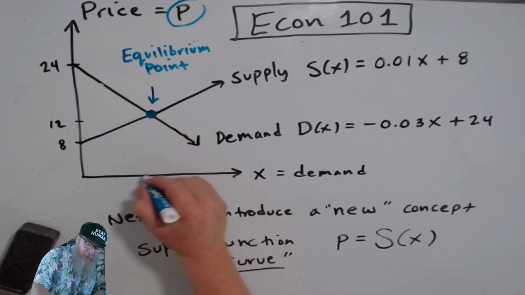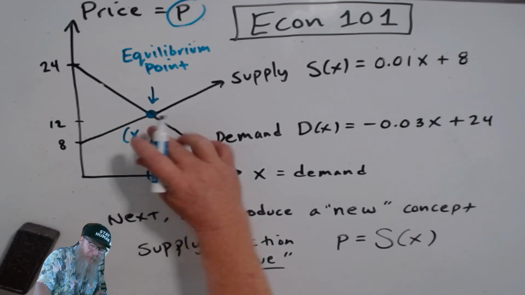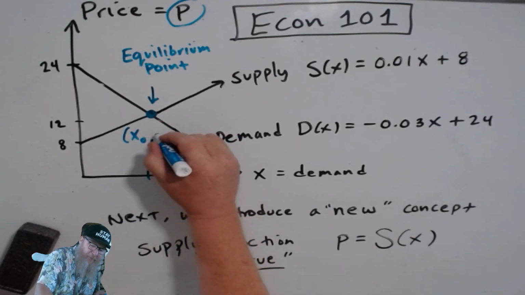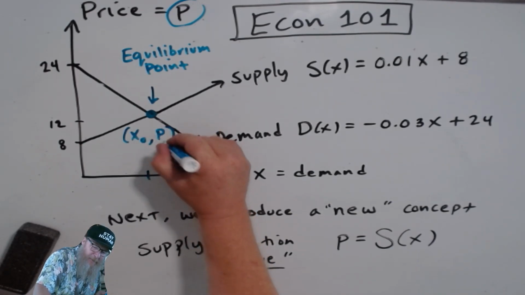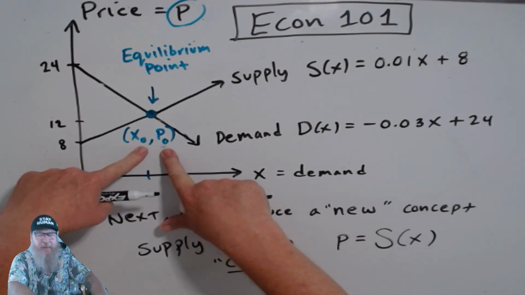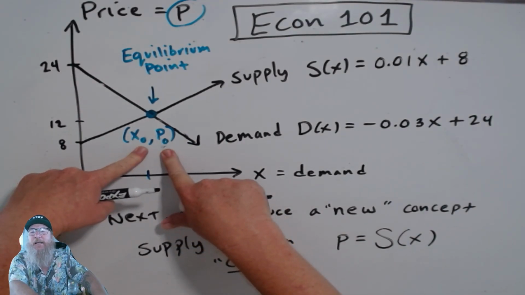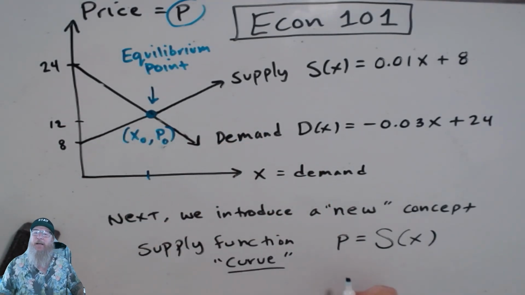The notation for equilibrium point is x sub 0, p sub 0. Remember, p is like y. The subscript 0 is just used to indicate that it's a specific point in which the two intersect.